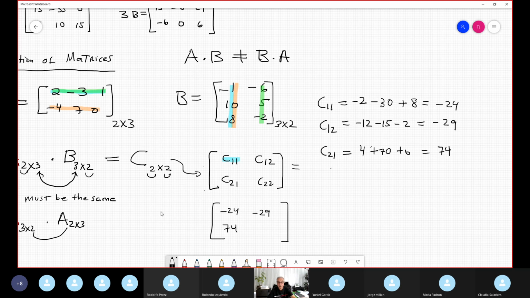And finally, C22. C22 is row 2, using another color, gray color, this guy times this guy.